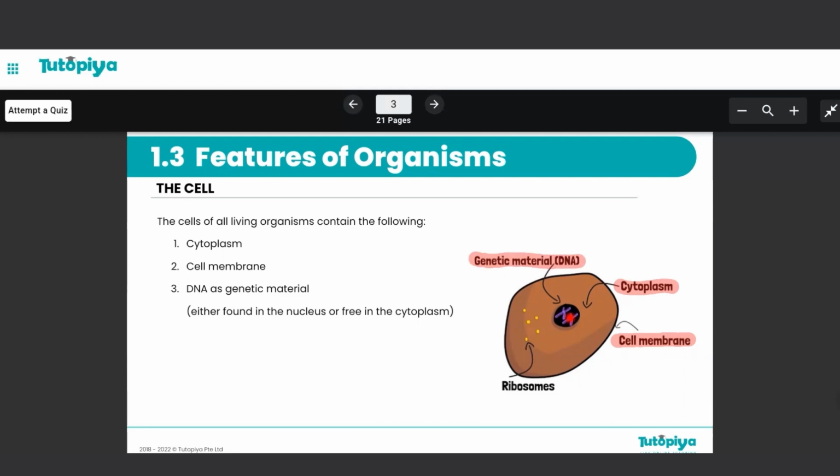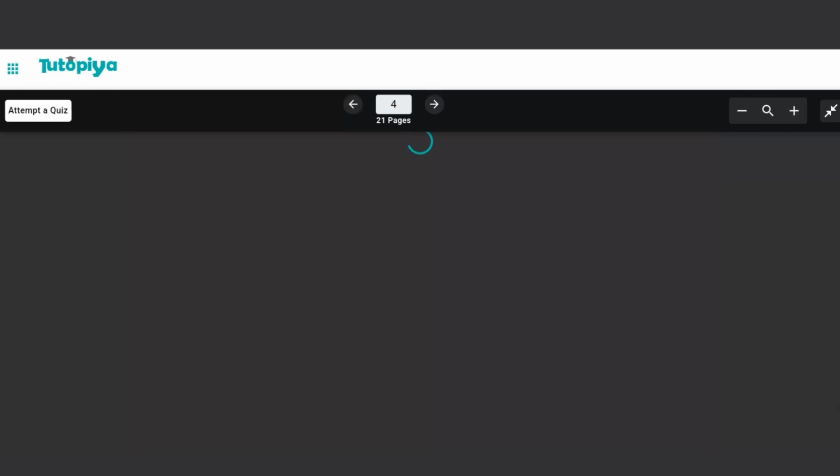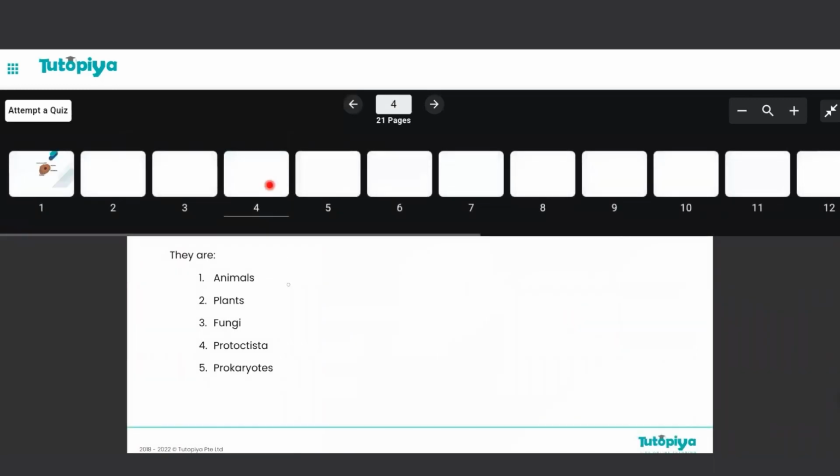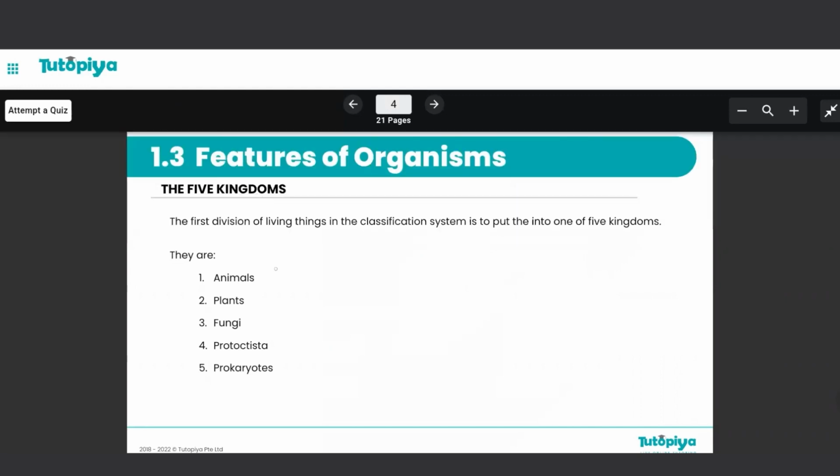So now that we've got a basic understanding about the cell, let's start with our five kingdoms. We've learned that according to the Linnaean system of classification, the organisms are first placed into five kingdoms. So here are the five kingdoms. We have animals, plants, fungi, protoctista, and prokaryotes.